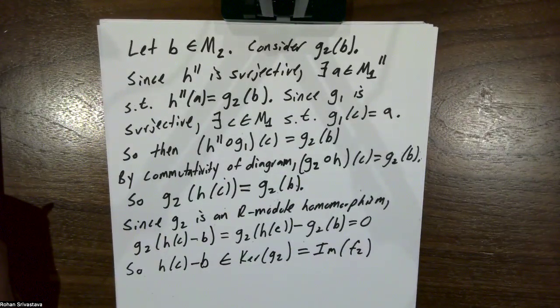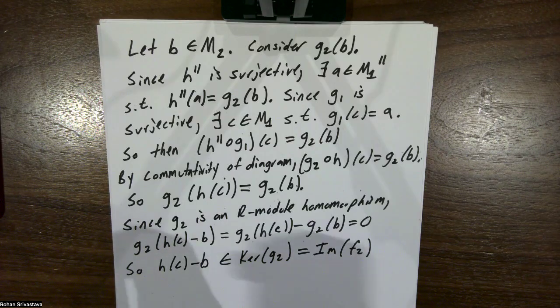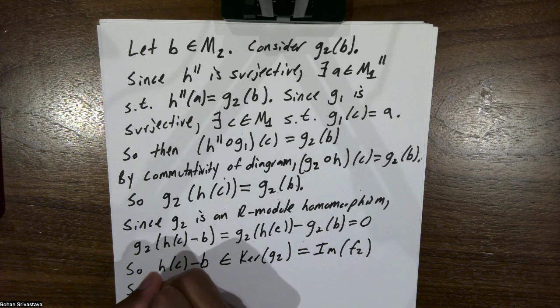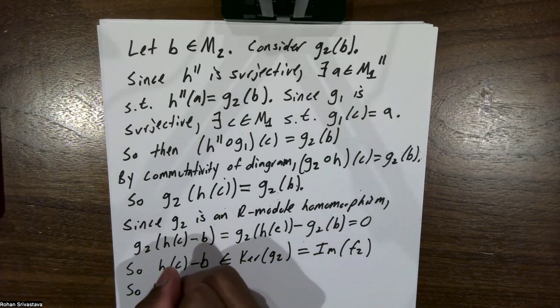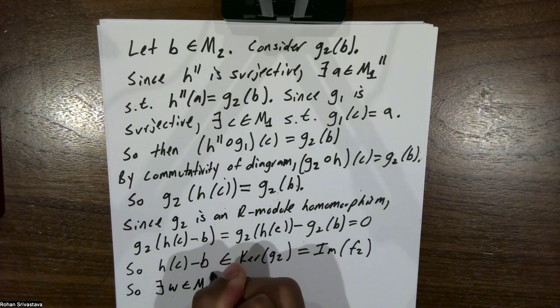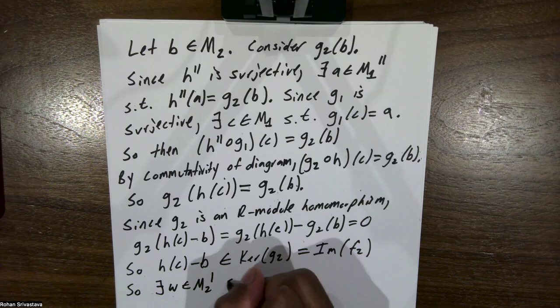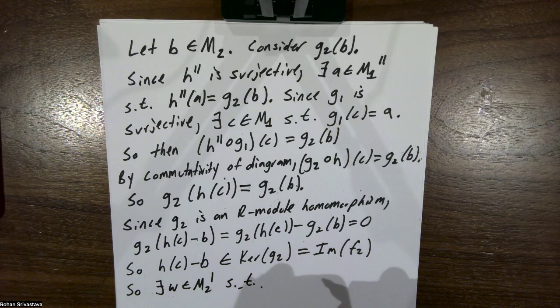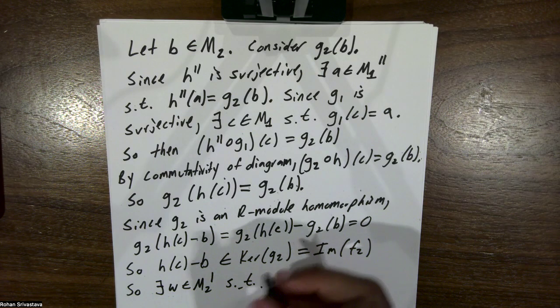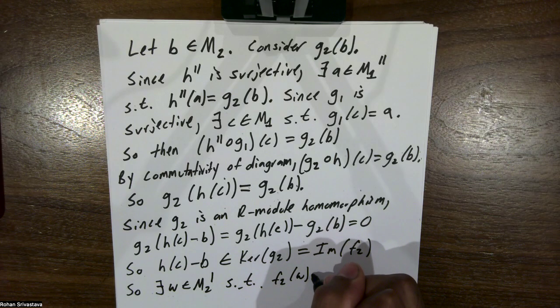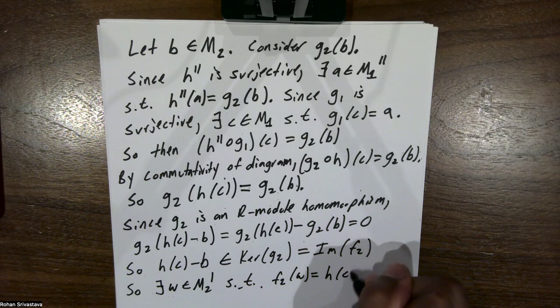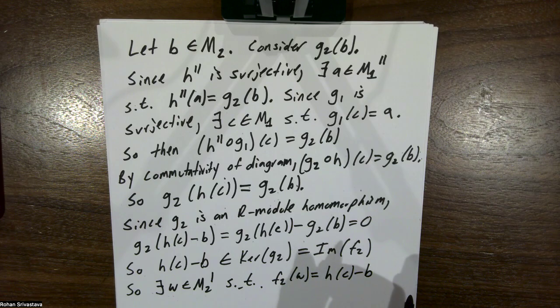Okay, so if H of C minus B is in the image of F2, then there exists some element, let's call it W in M2 prime, such that F2 of W is equal to H of C minus B. All right.